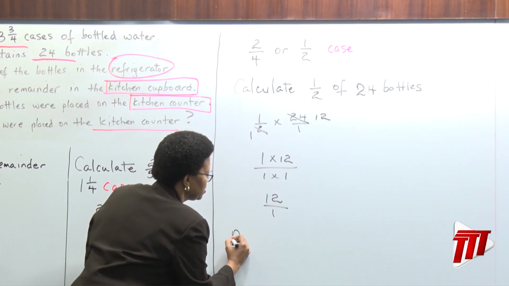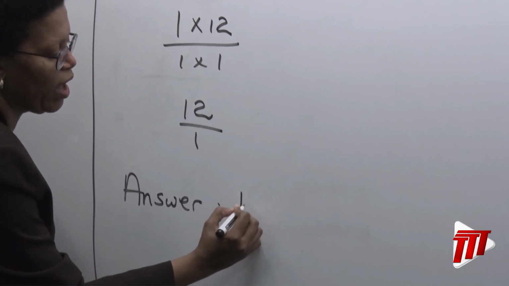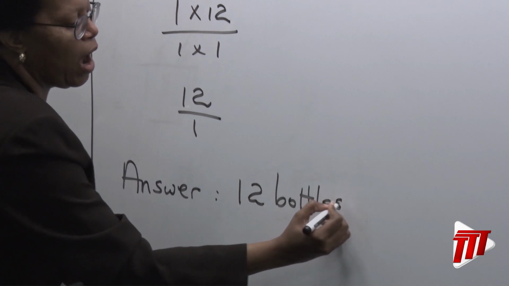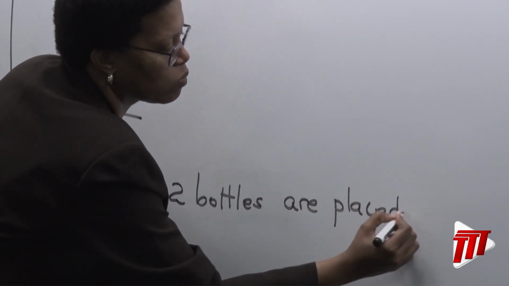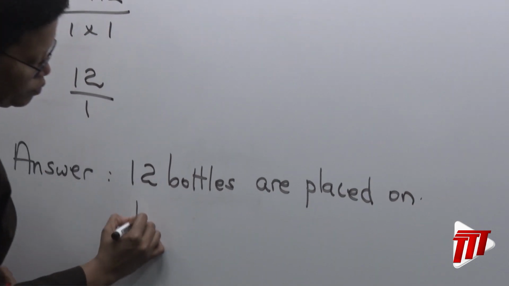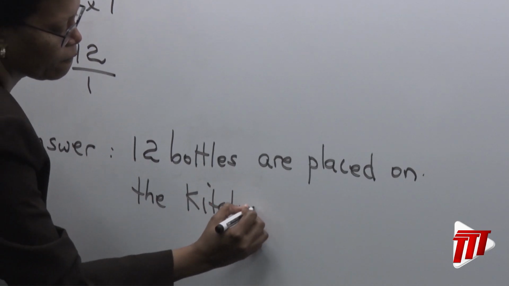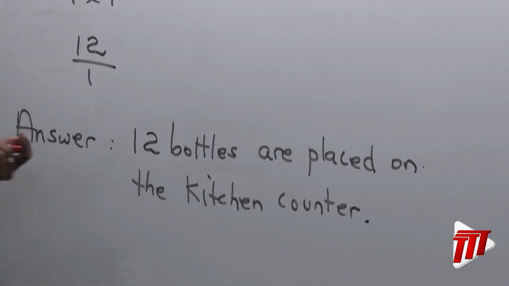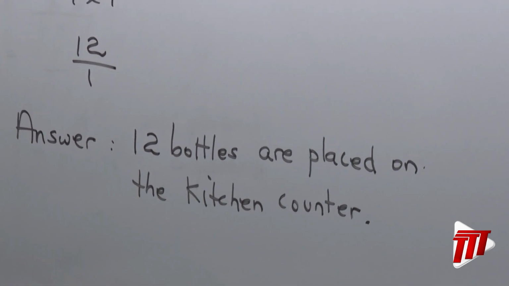Our answer must therefore be 12 bottles are placed on the counter. So that's a second strategy we can use.